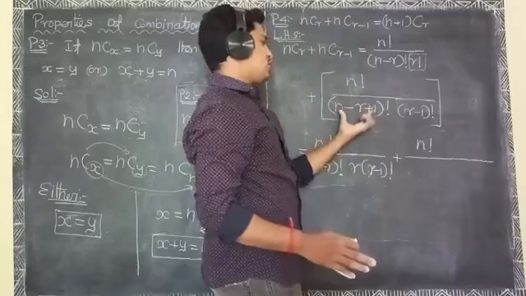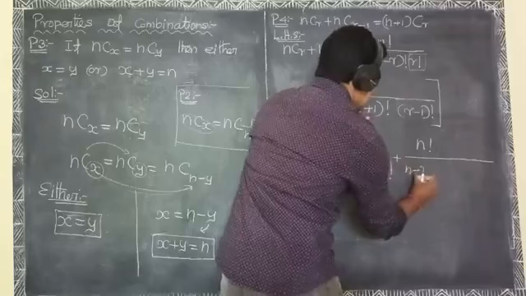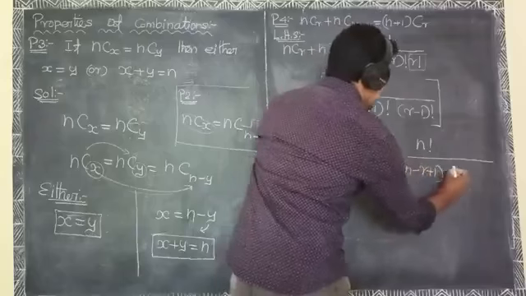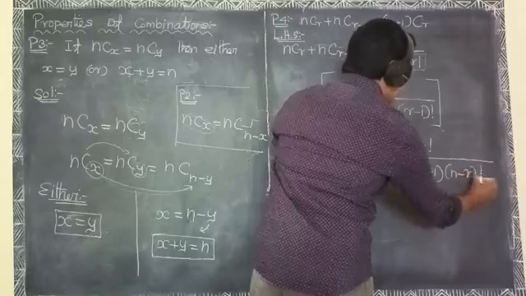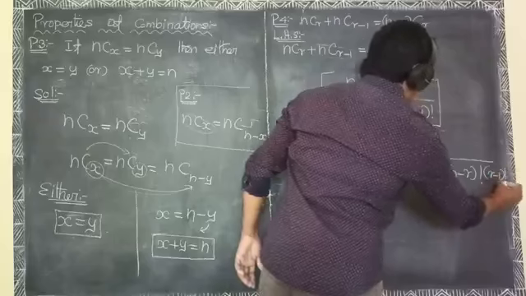Only the other factor changes to (n minus r plus 1) factorial, that is (n minus r plus 1) into (n minus r) factorial into (r minus 1) factorial.